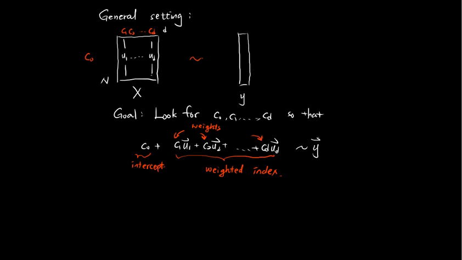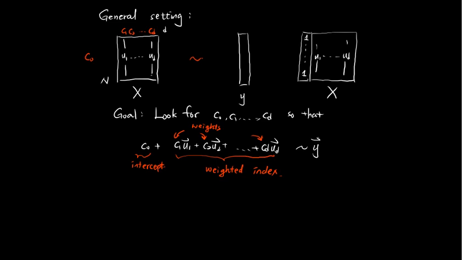So that's the goal. The other way to think about this is, you see this is C0, it's just a number, and somehow this is a vector. You have a number plus a vector, which doesn't make sense. You can imagine that it is like this. You can do X, and again X has U1 up to UD, but this time you add one more column, which is an all-ones vector on the left.